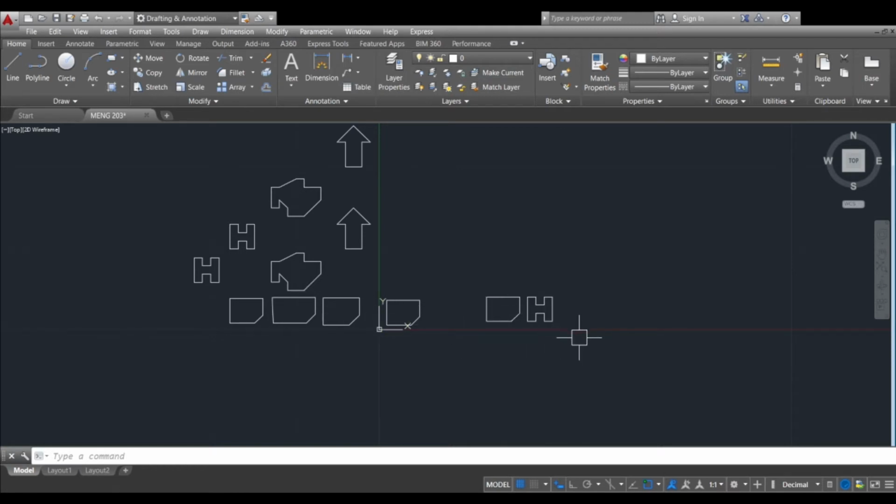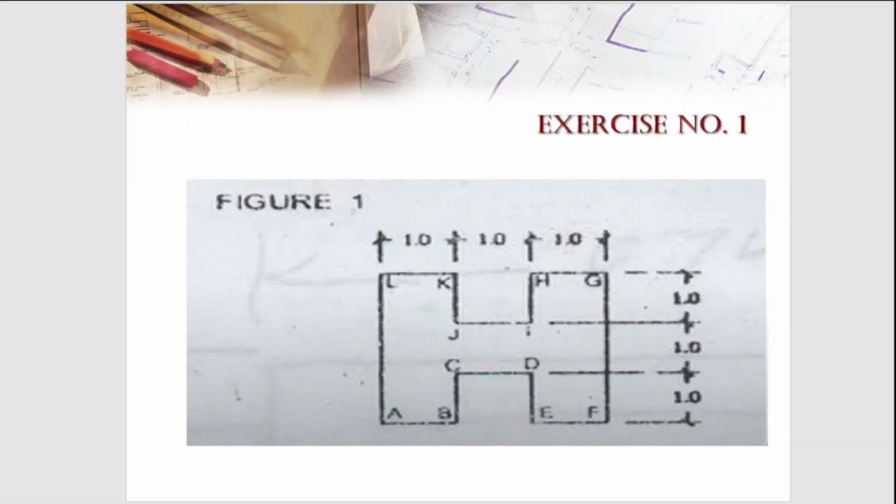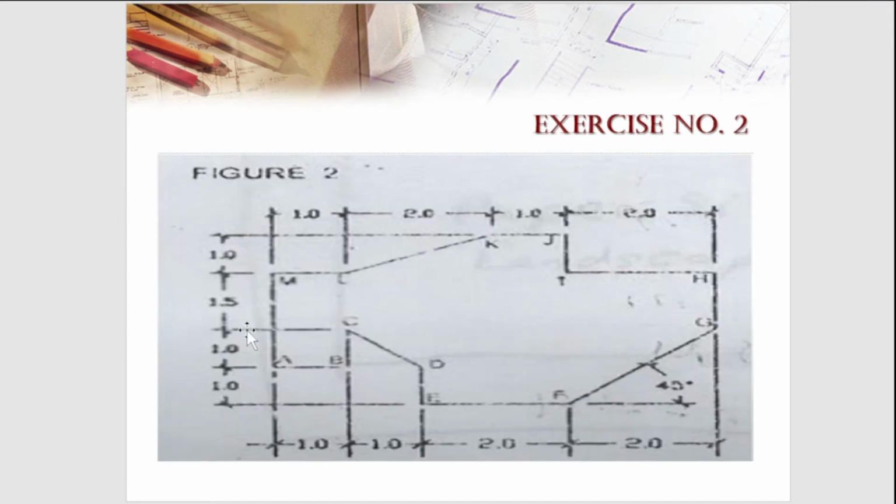Okay, so we are going to our next figure, and our next figure is also the figure from our previous lessons. As you can see in the figure, some angles are not indicated.